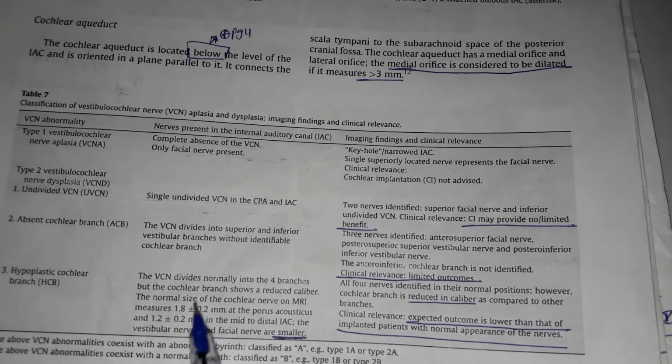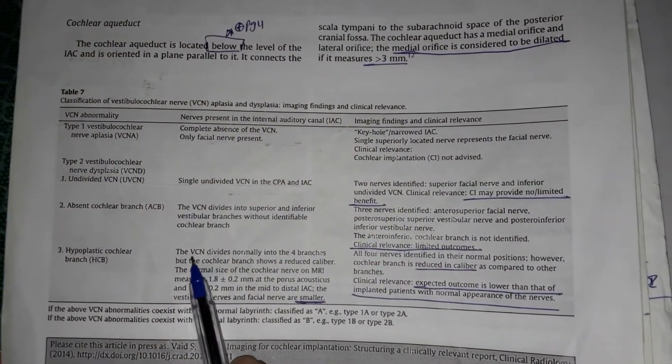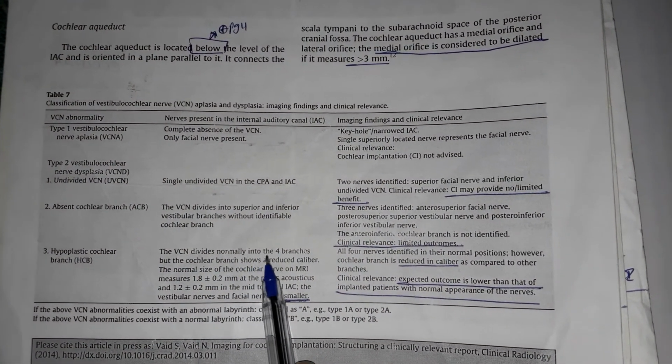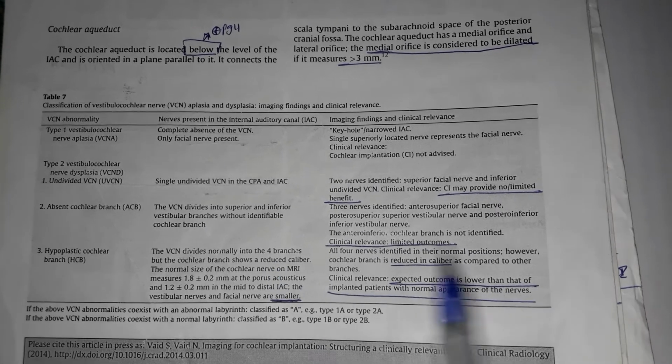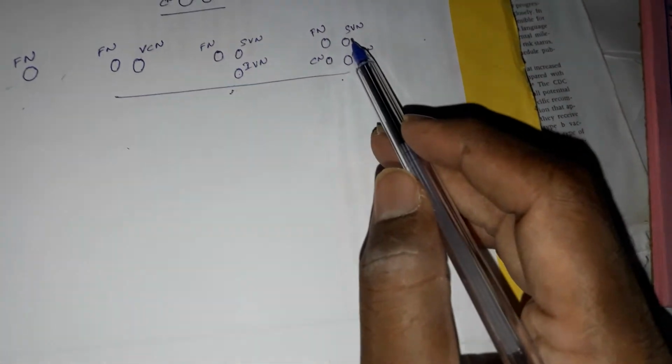Sorry, I think here it is wrongly written. The vestibulocochlear nerve normally divides into 3 branches: superior vestibular nerve, inferior vestibular nerve, and cochlear nerve.